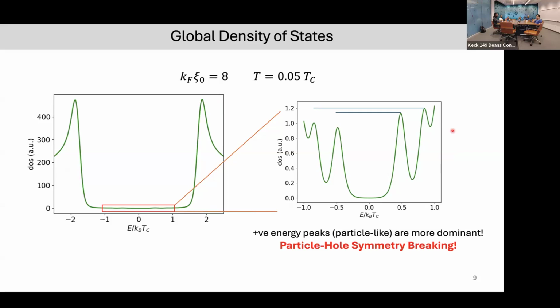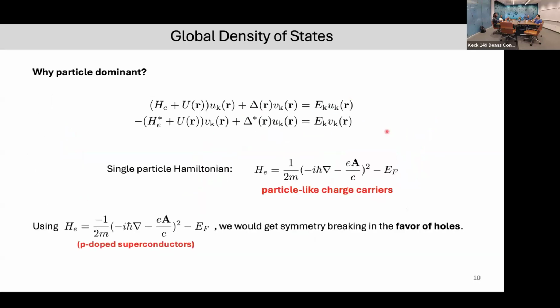But a natural question arises at this point: why are we getting a symmetry breaking in favor of particles? Why are the positive energy peaks more dominant? To answer that, we have to look at the BdG equation again, and in particular, the single particle Hamiltonian that we use for this.